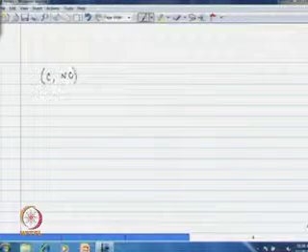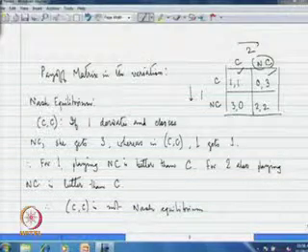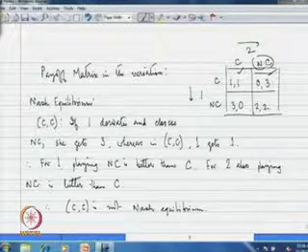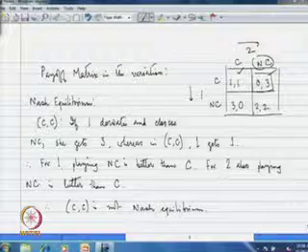Let us consider another one, CNC. If we consider CNC, basically we are talking about this payoff vector.